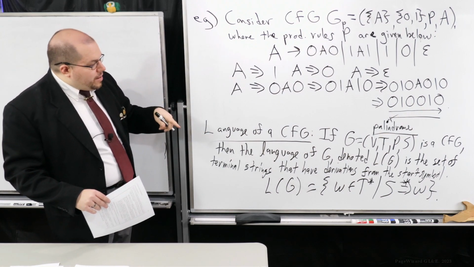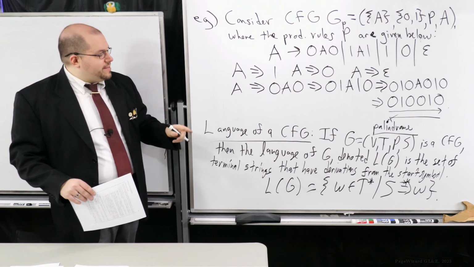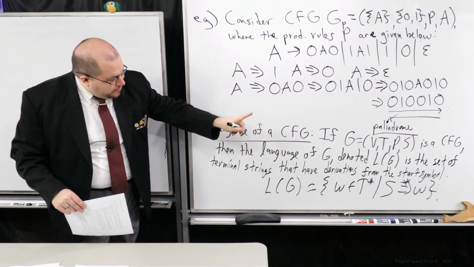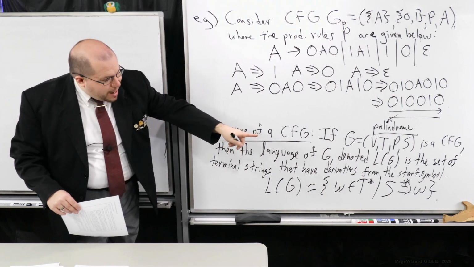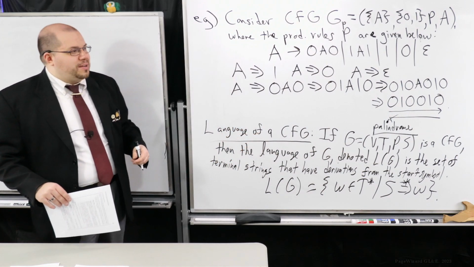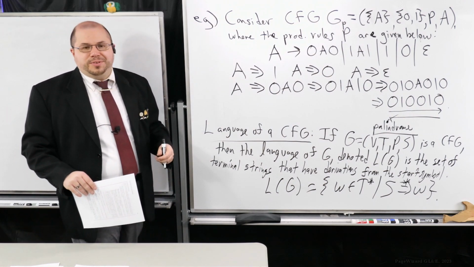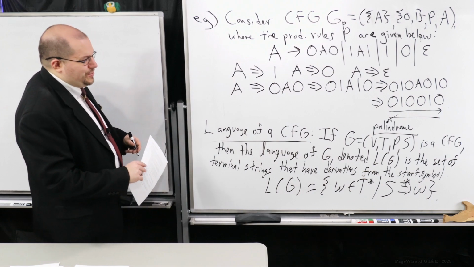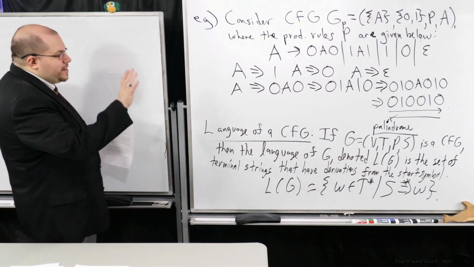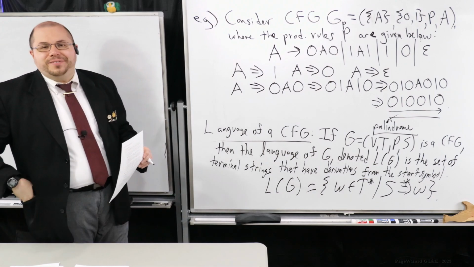It's simply all of those terminal strings, or sentences, that are derived: if I start from the start symbol, it derives w, where w is among T star, zero or more symbols of the terminal symbols, or terminals for short. So we're going to use this definition to prove that this context-free grammar is in fact correct.